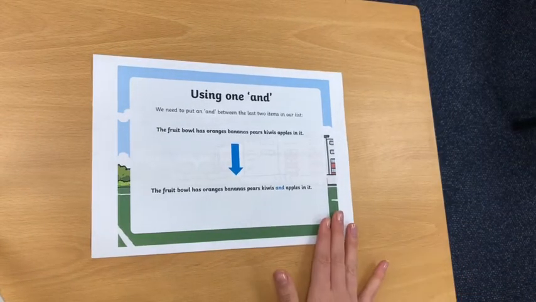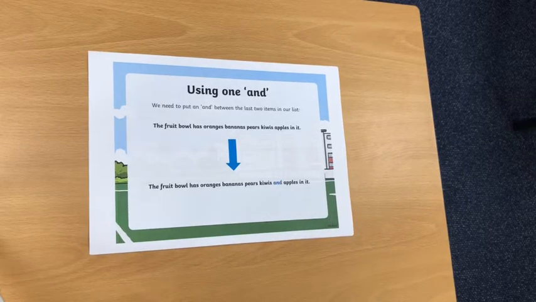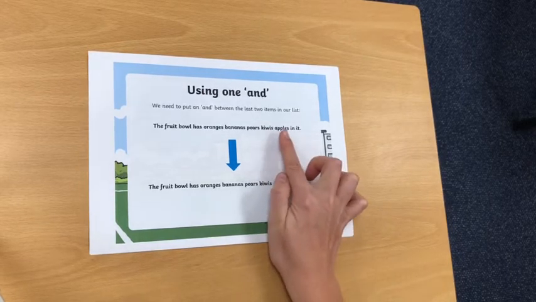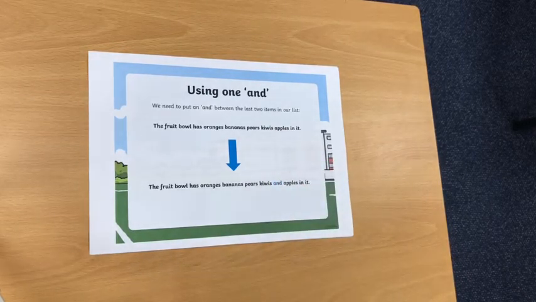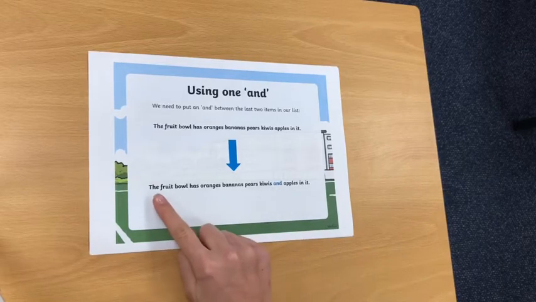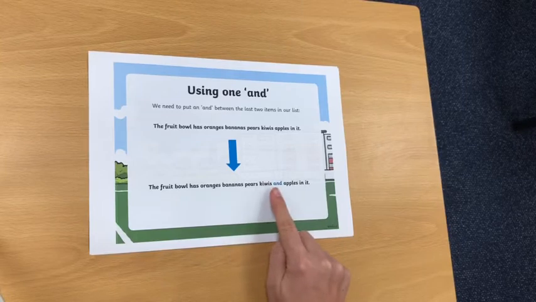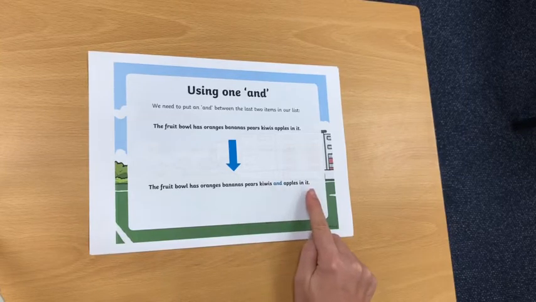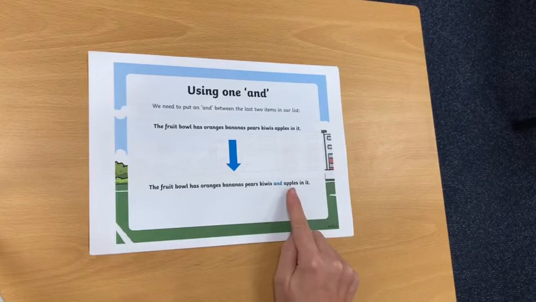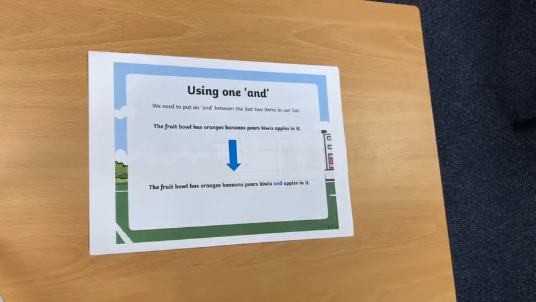So, when we are writing a list in a sentence, we need to use and in between the last two items in our list. So let's read it now. The fruit bowl has oranges, bananas, pears, kiwis and apples in it. So we must always remember and goes in between the last two items in our list.